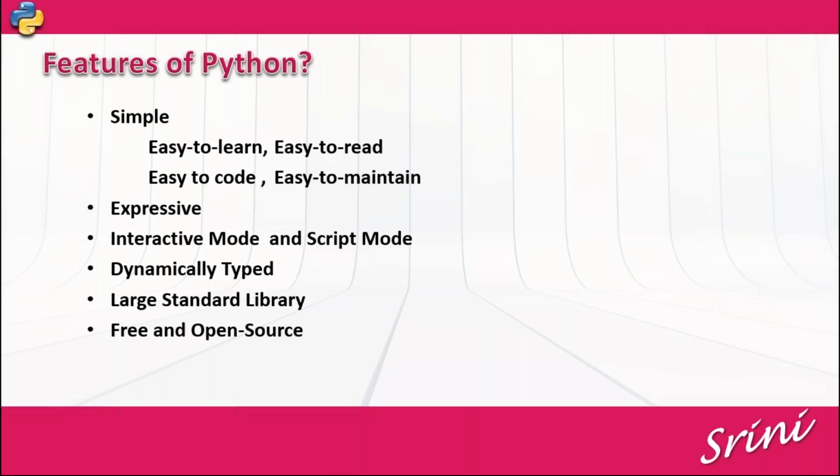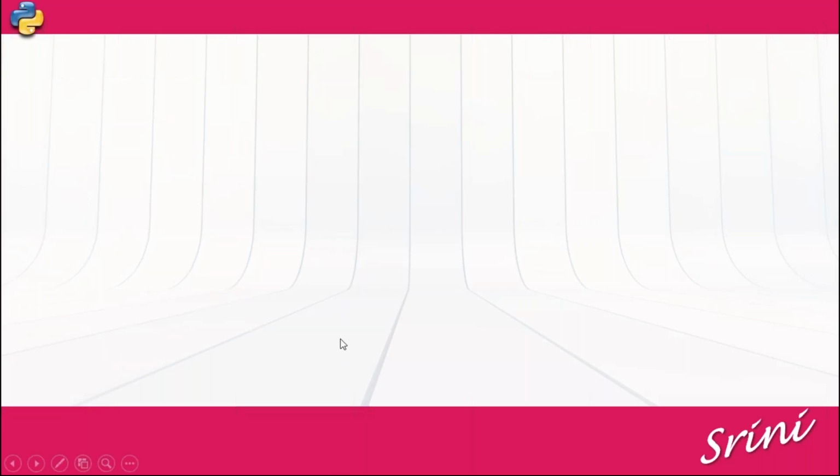But Java is not open source. Java is free, but Python is free and as well it is completely open source. You can download the source code of Python. You can make significant changes in the Python language source code. You can distribute your own Python like Lucid Python, Srini Python. Yes, you can make it if you want, really.